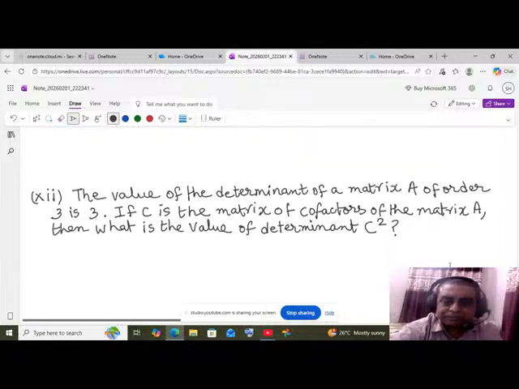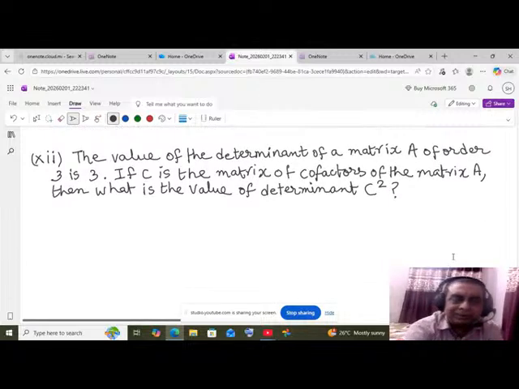Number 12. Here it is saying the value of the determinant of matrix A of order 3 is 3. If C is the matrix of cofactors of the matrix A, then what is the value of the determinant of C squared?